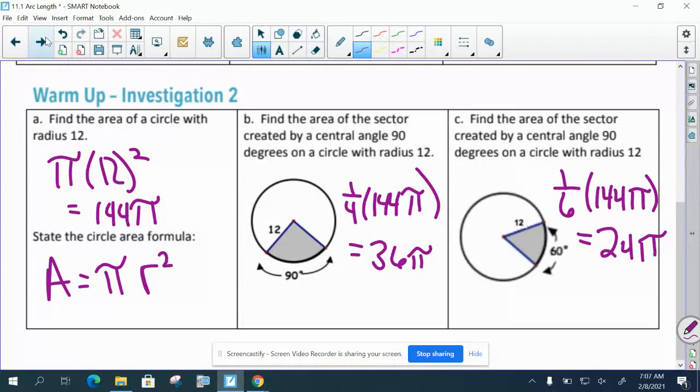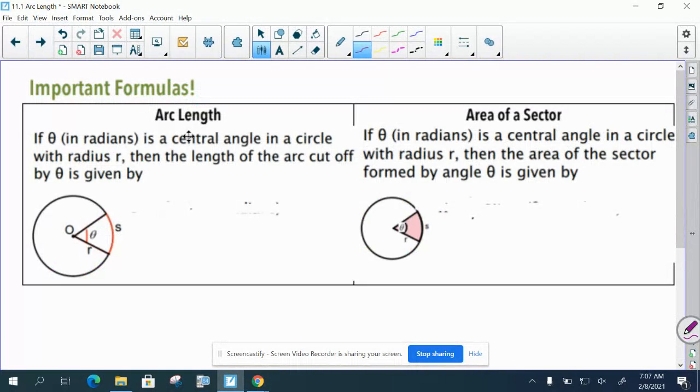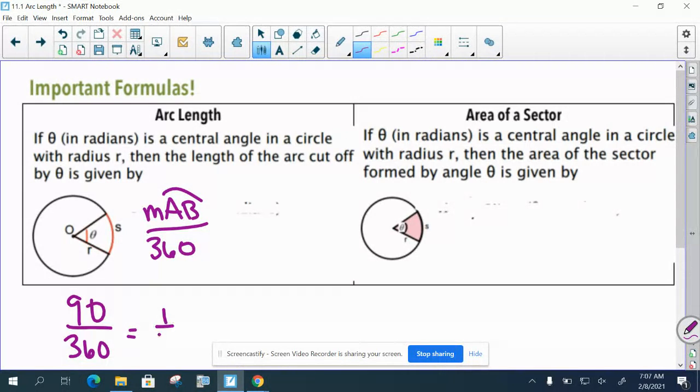All right, so here are the important formulas that you need to know for this lesson. So to find the length of an arc, you're going to take the measure of arc AB divided by 360, because in the previous example we did 90 divided by 360, which is 1/4, and then 60 divided by 360, which was 1/6.